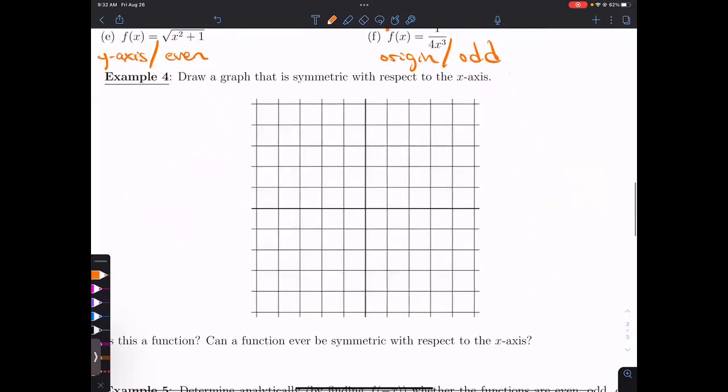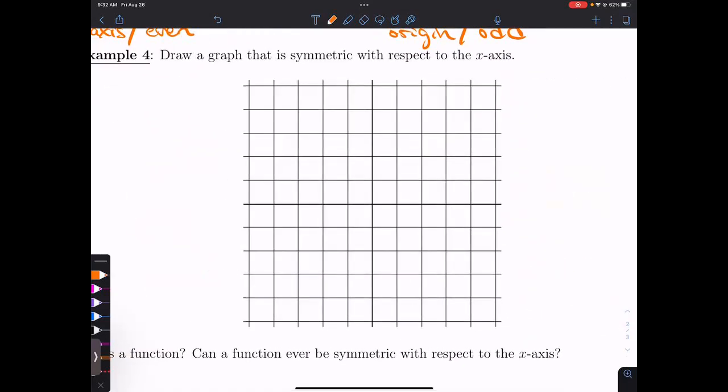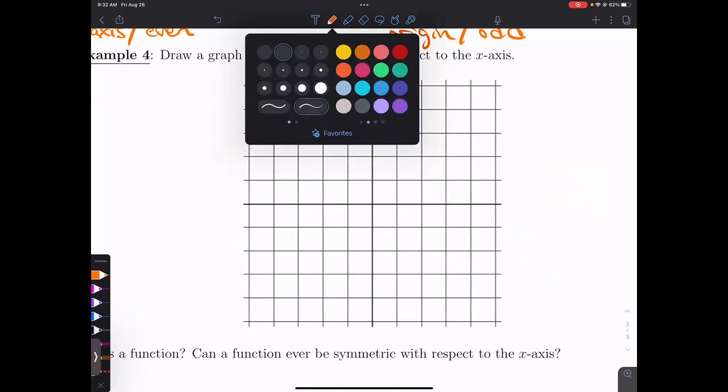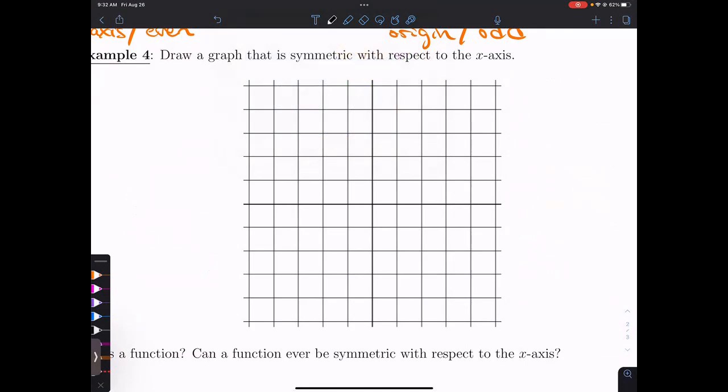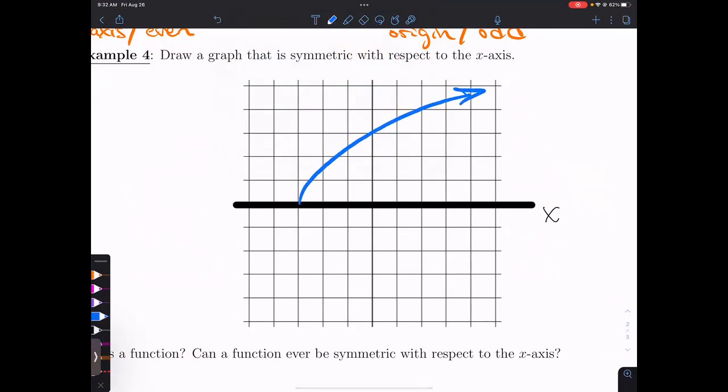All right, so what did you come up with for a graph that's symmetric with respect to the x-axis? X-axis is right there, right? So the idea here is if I put something in the top half of the graph like that, to get x-axis symmetry, it'd be like if I flip this line over and whatever ended up there, or if you drew it on a sheet of paper and folded it over that line and rubbed really hard so the pencil rubbed off, right?